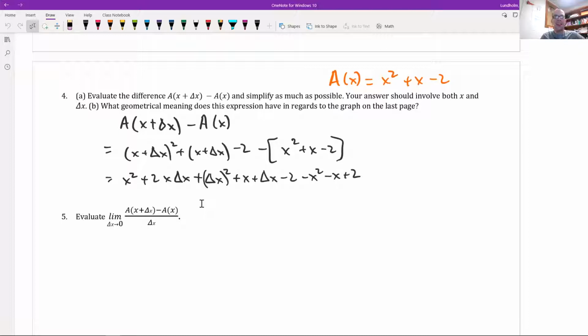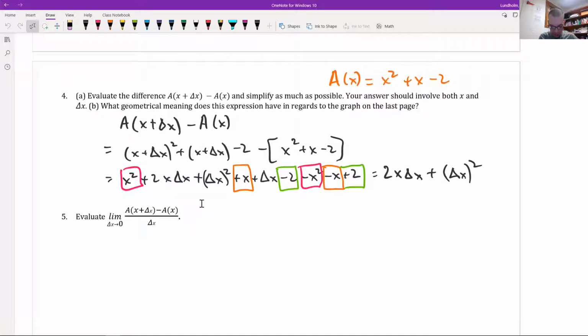Okay, now a lot of things will be able to cancel here. X squared and minus X squared cancel. Plus X minus X canceled. Minus 2 plus 2 canceled. And all we're left with is 2X delta X plus delta X squared.